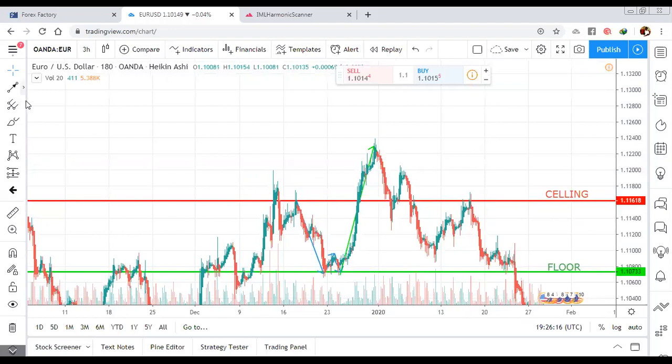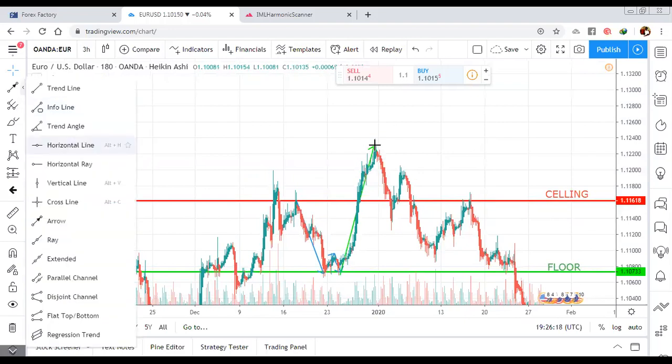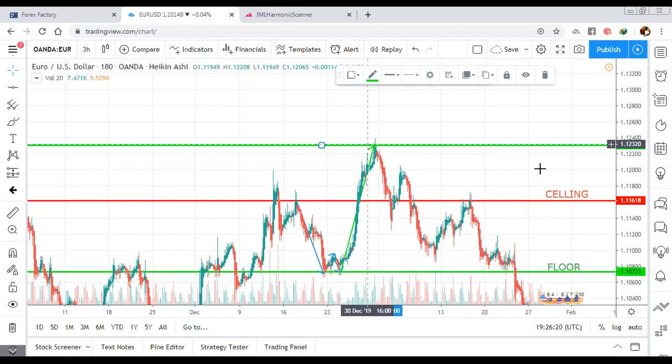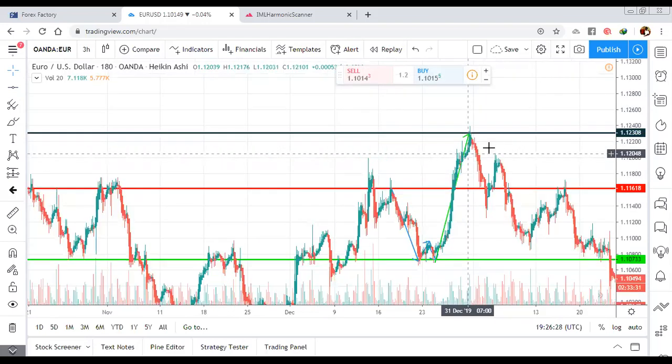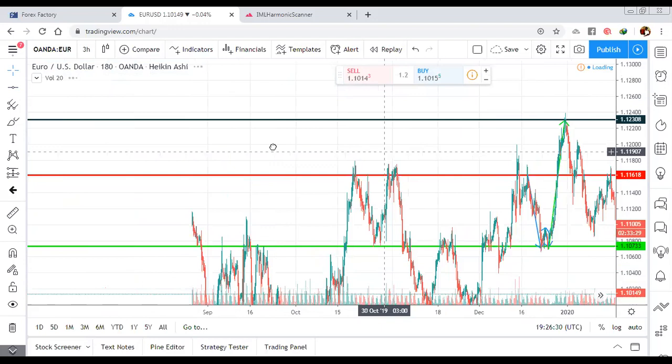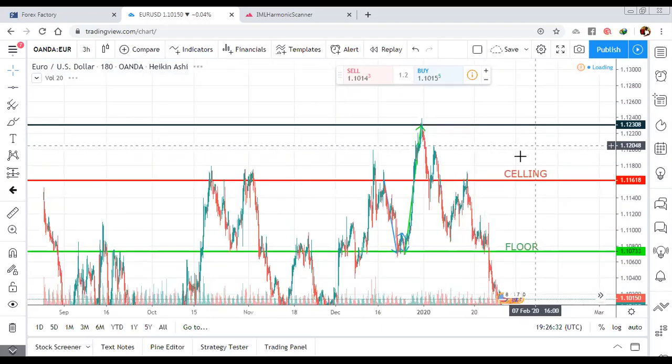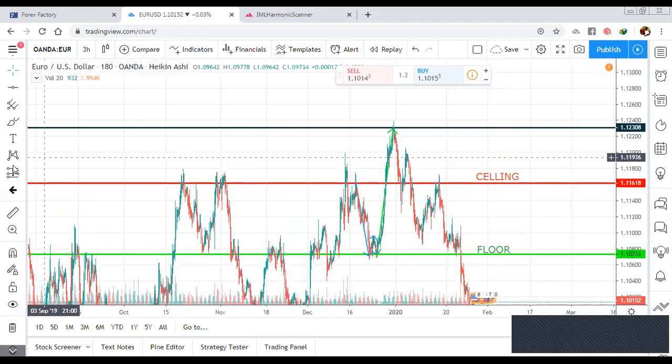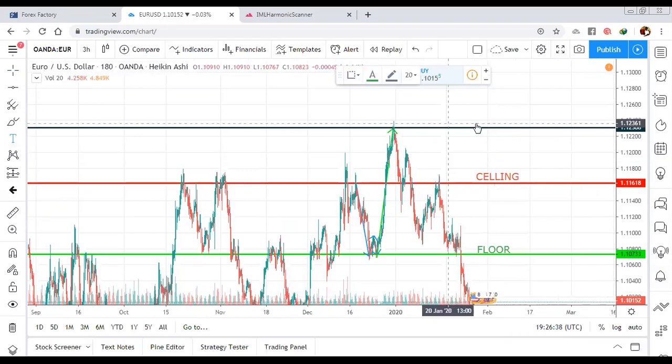So this is now your new ceiling. Then put that line as black. So that's now your roof. Let me label it as roof.